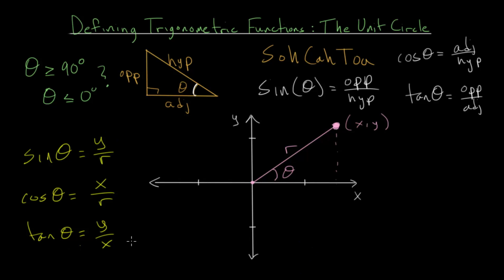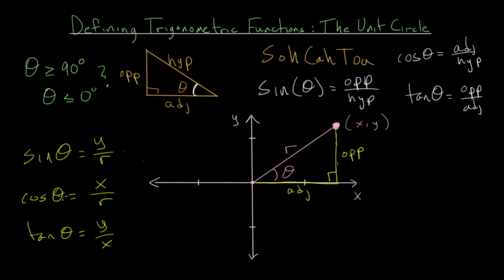We know that this definition makes sense because in the first quadrant, notice that we can create a right triangle here, and the definitions end up being the exact same definitions we had when dealing with right triangles. So for angles between 0 degrees and 90 degrees, we essentially reduce this new definition back to the old definition, where this is the opposite side and this is the adjacent side.